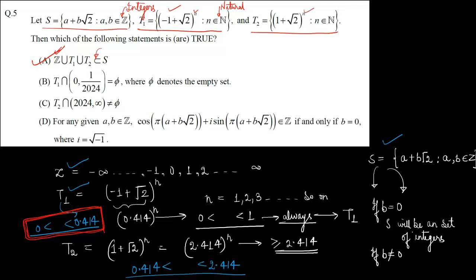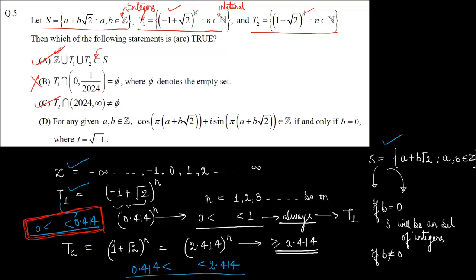So this option will be wrong. Now we have T2 intersection 2024 to infinity is not equal to the empty set. Yes, there will surely be elements lying from 2024 to infinity. So this option will be correct.